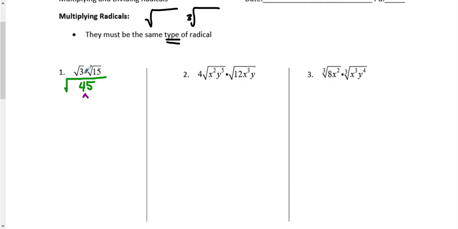The easiest thing to do is to just break it down to what you multiplied it to. So 3 and 15. And then 15 can be broken down to 3 and 5. Can't break those down anymore. And since it's a square root, I need 2 of the same, which I have. So that now means the 3 comes to the outside, and I'm left with the square root of 5.